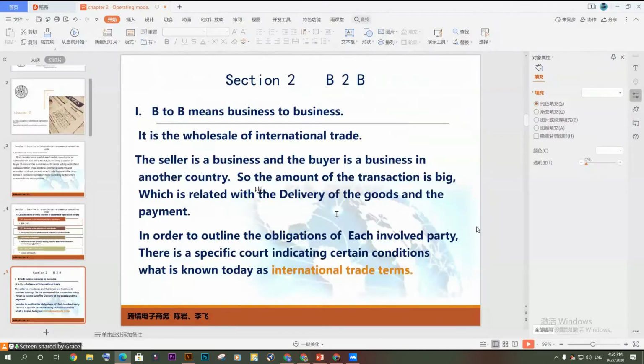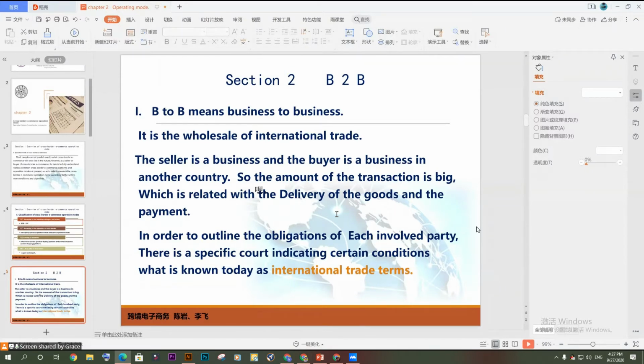Okay, let's go ahead to the next one. That is section 2. We will discuss some important operation modes here in section 2 and section 3. So let's look at the first one. That is B2B.